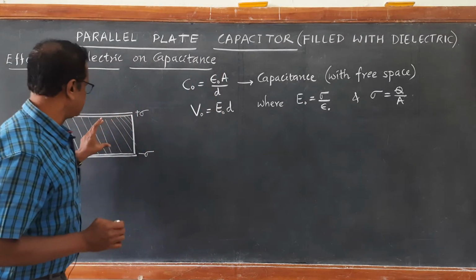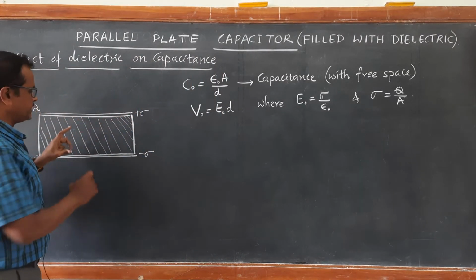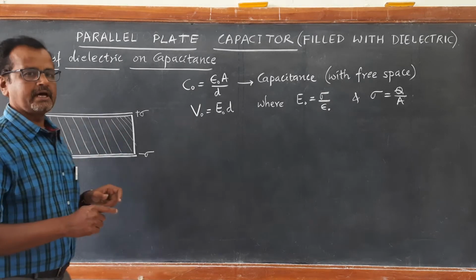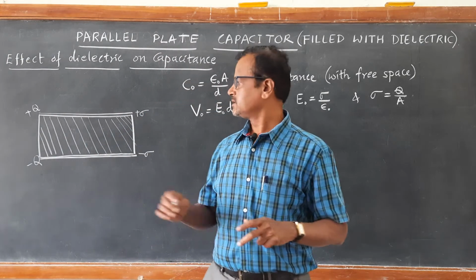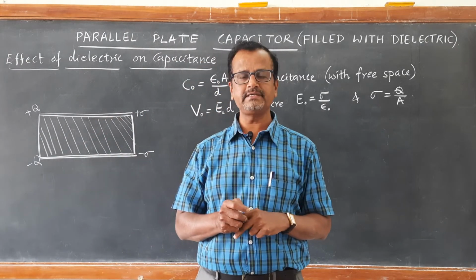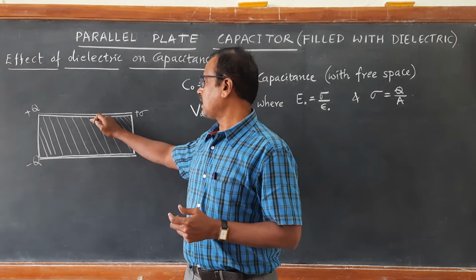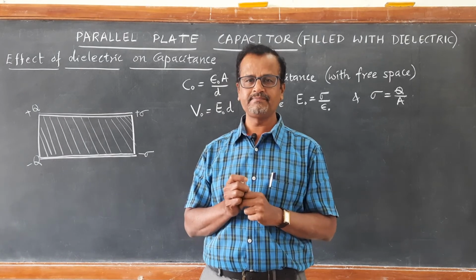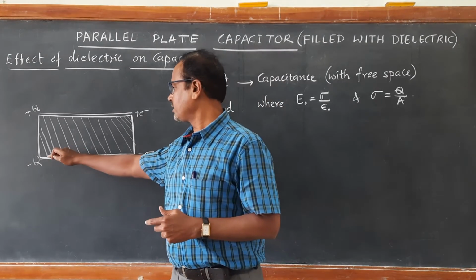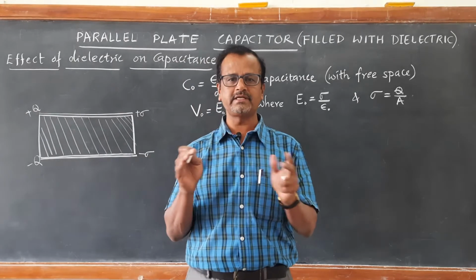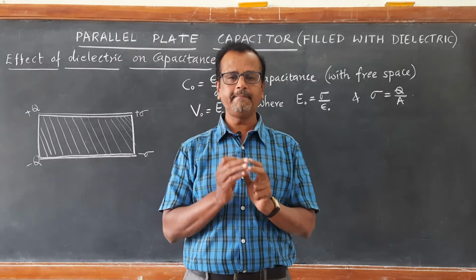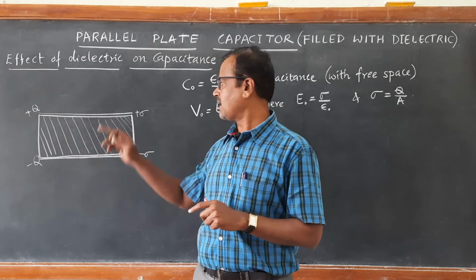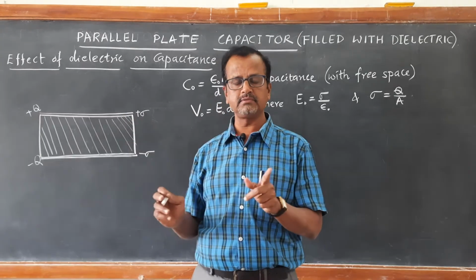On inserting a dielectric slab into the space, the dielectric slab gets polarized. As a result, the upper side of the dielectric slab will be charged with negative charge density due to polarization, and the lower side will be charged with positive charge density.